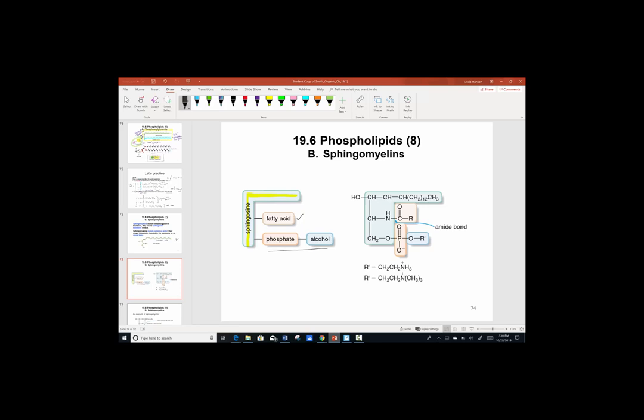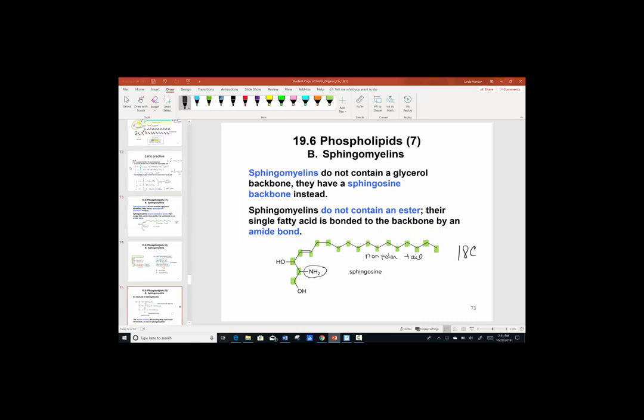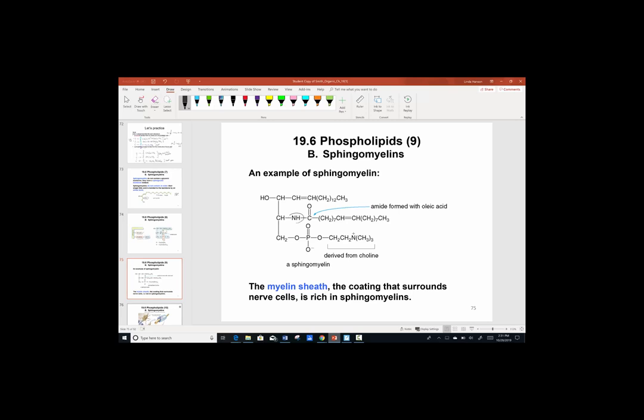Now let's take a peek at some more focused here. We have carbon 1, 2, and at carbon 2 it leads to that nitrogen group. Let me back up and show you where that came from. See this nitrogen group? That actually is resulting in the next tail. So here, that nitrogen group serves as a sort of attachment. This is what we called an amide.